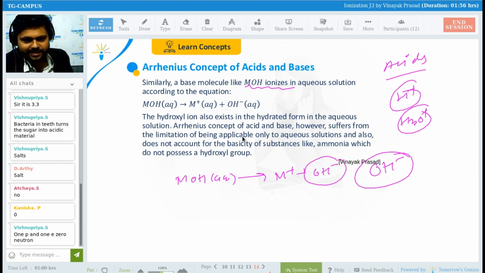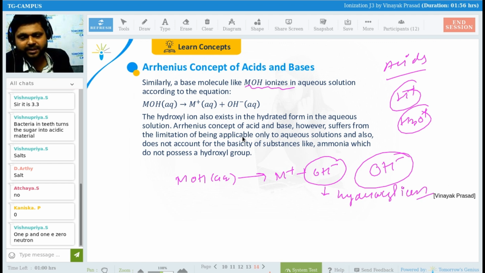We can say this is a hydroxyl ion, and if in any reaction OH minus is produced, it means a base has been generated. Is it okay? The hydroxyl ion also exists in hydrated form.